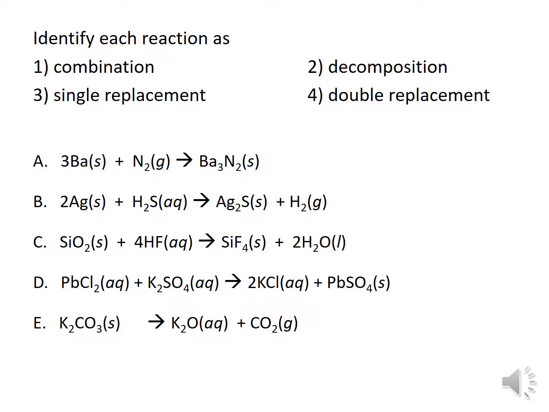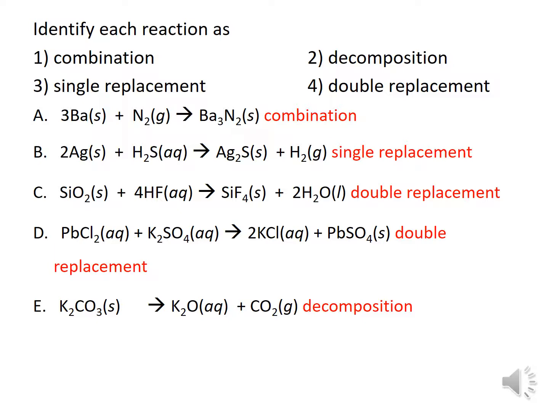After the reaction, potassium is now paired with chloride and lead is paired with sulfate. So that's a double replacement. In E we have one chemical breaking down into two, potassium carbonate breaking down into potassium oxide and carbon dioxide. So that would be a good example of decomposition. Check our work. Looks like we got them right.